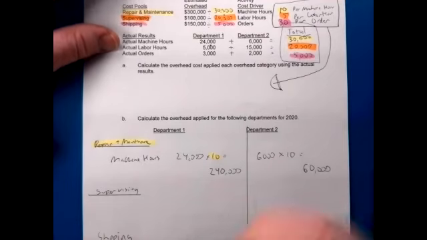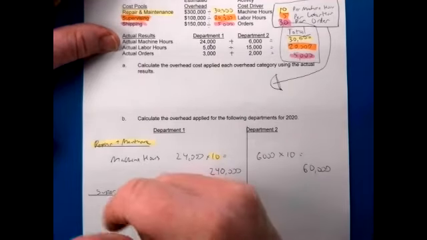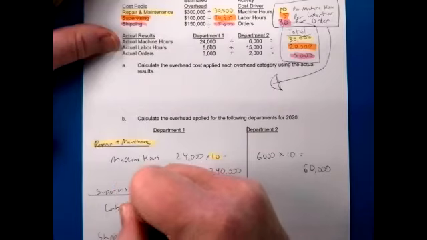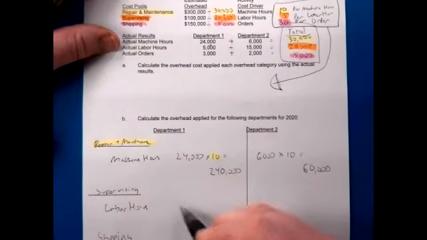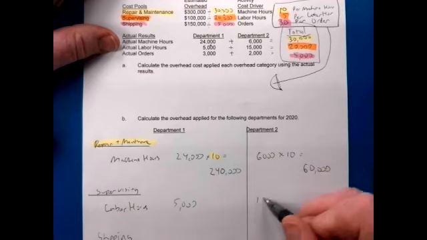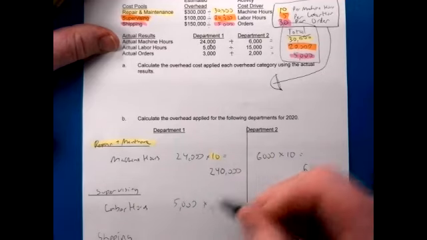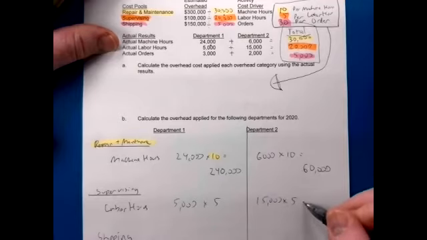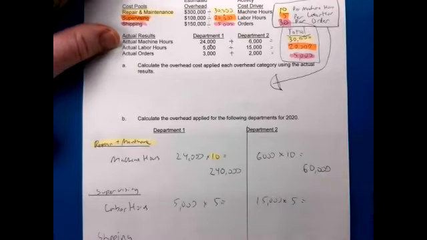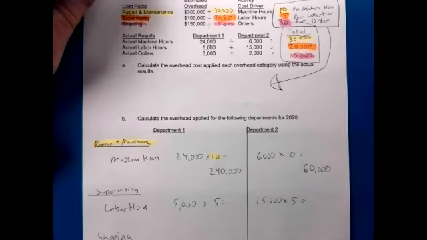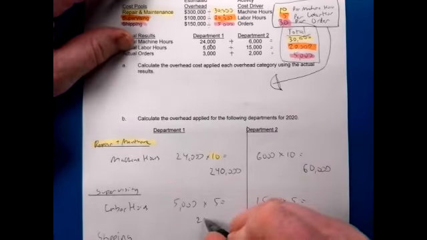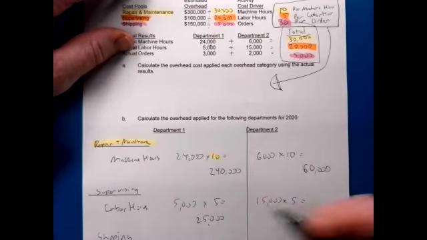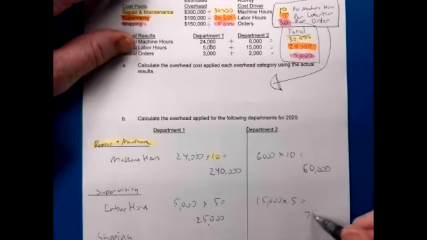One supervising. Oops. Labor hours. So a little more room here. 5,000 for Department 1 and 15,000 for Department 2, and that is at $5 per hour. 5,000, that's 75,000.